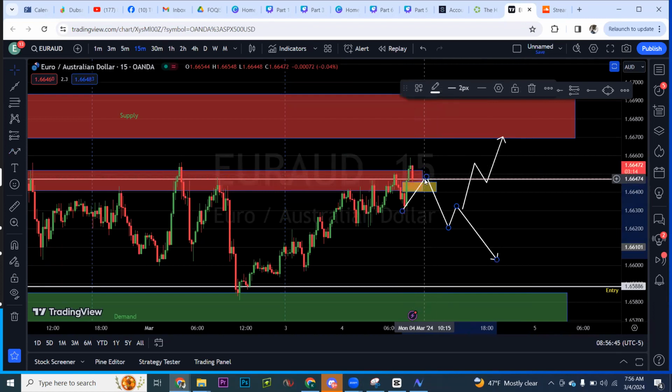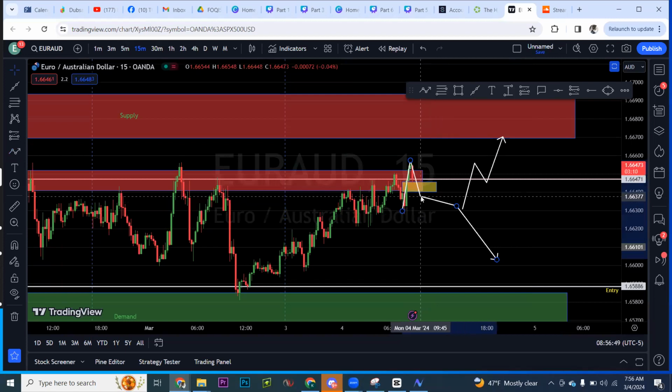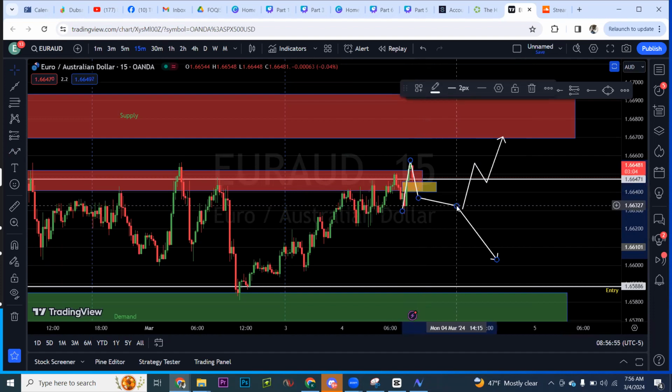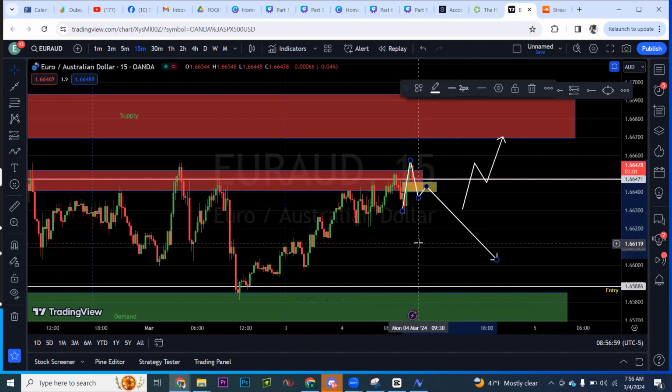So if it doesn't respect this gold zone and it pulls below it like this, let's say it closes below, I will want to see price pull back up into it and then drop.